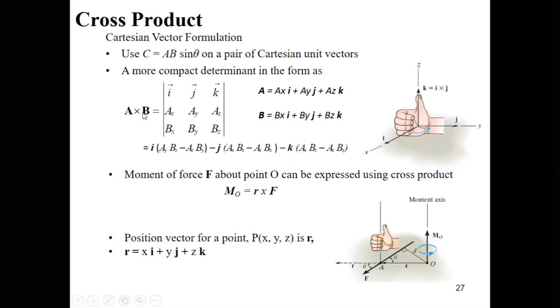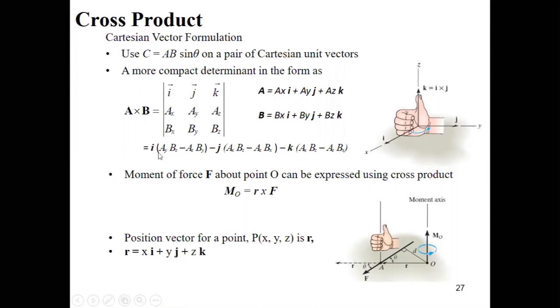If A equals AX i plus AY j plus AZ k and B equals BX i plus BY j plus BZ k, A cross B will be i j k, then components of A, AX, AY, AZ, and then components of B, BX, BY, BZ, which we can express like this, because this is a determinant form.